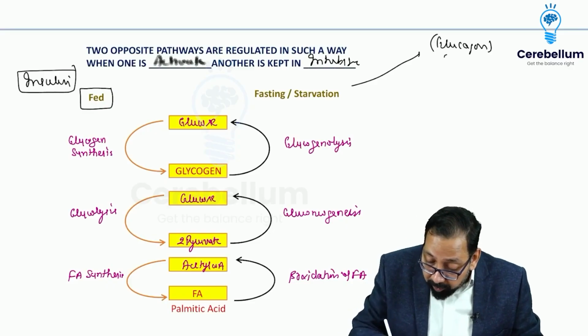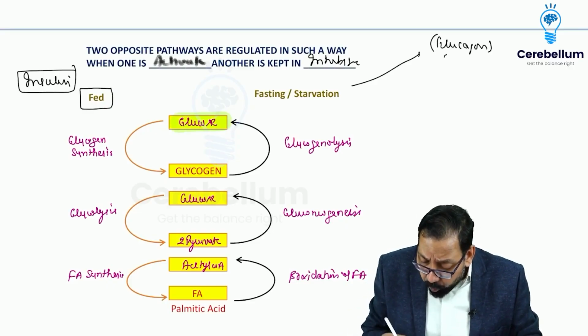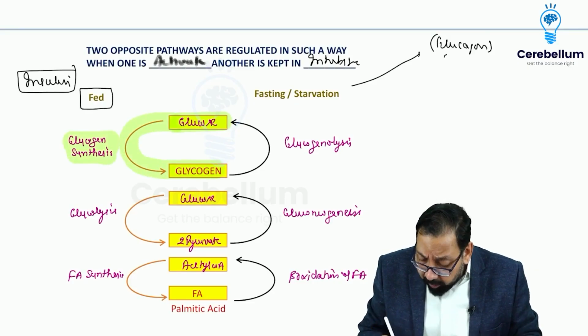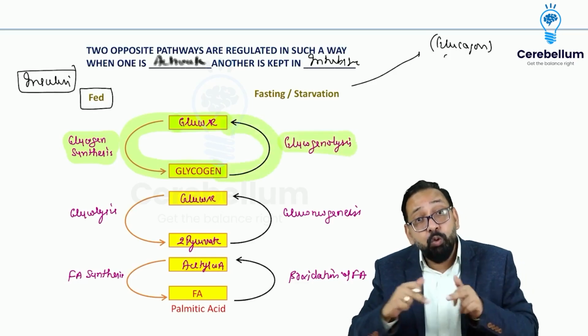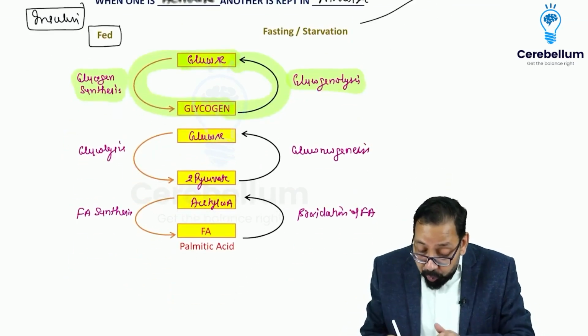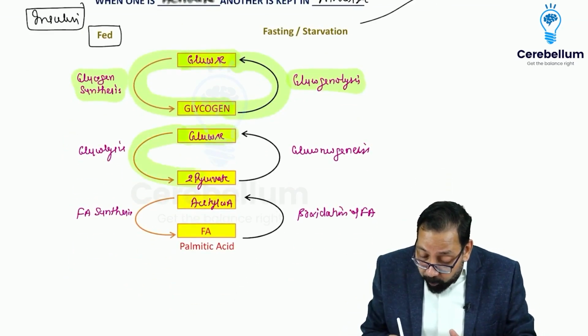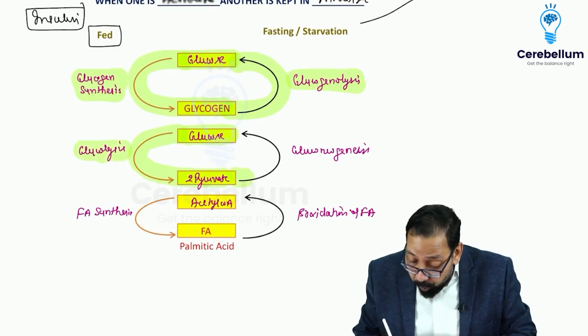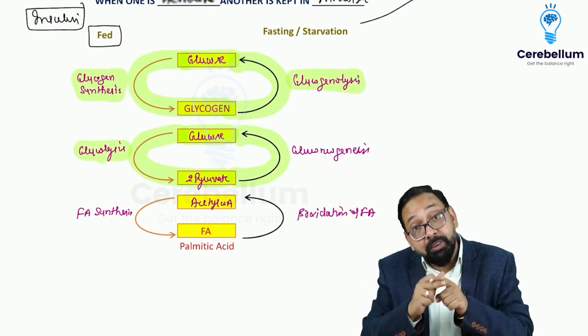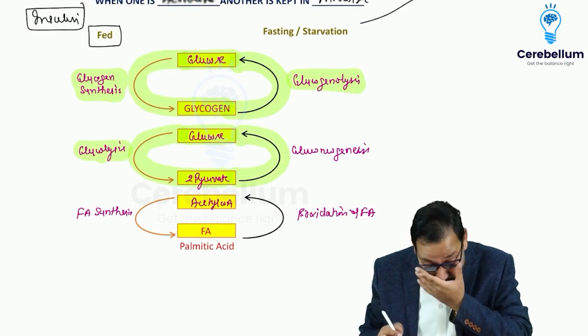Now we know that glucose is converted to glycogen, that is glycogen synthesis. Glycogen is broken down to glucose, this is glycogenolysis. These are two opposite pathways. Glucose is converted to pyruvate, that is glycolysis. Pyruvate forms glucose, that is gluconeogenesis. These are again two opposite pathways.